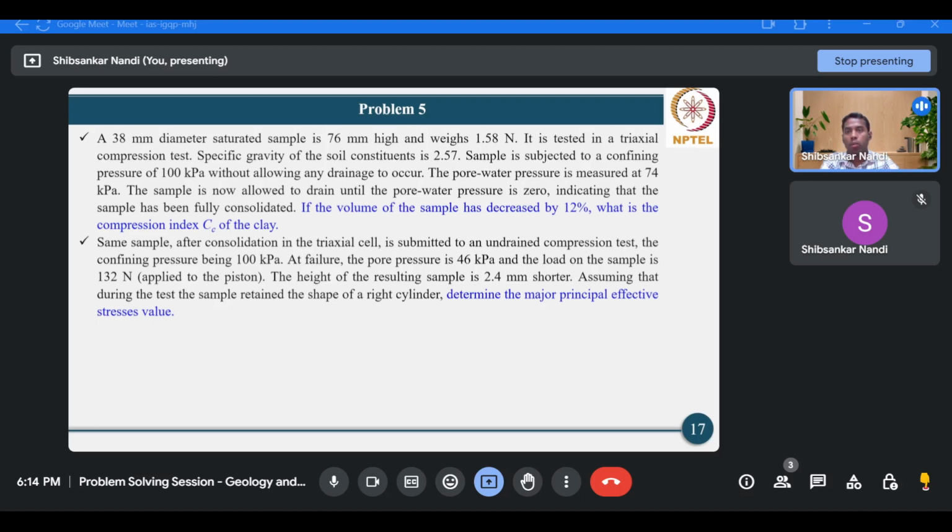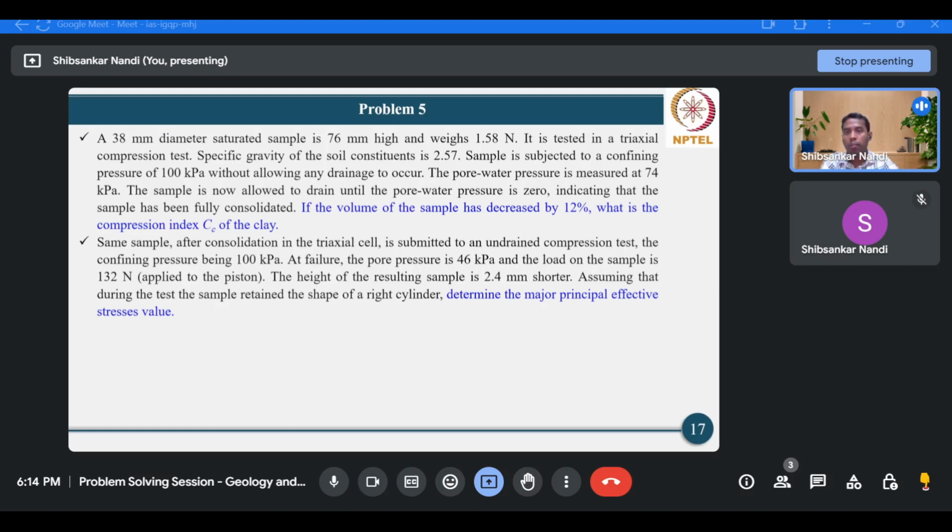The sample is subjected to a confining pressure of 100 kPa without allowing any drainage to occur. The pore water pressure is measured at 74 kPa. The sample is now allowed to drain until the pore water pressure is 0, indicating that the sample has been fully consolidated. If the volume of the sample has decreased by 12%, what is the compression index Cc of the clay? So this is the first part of problem 5.